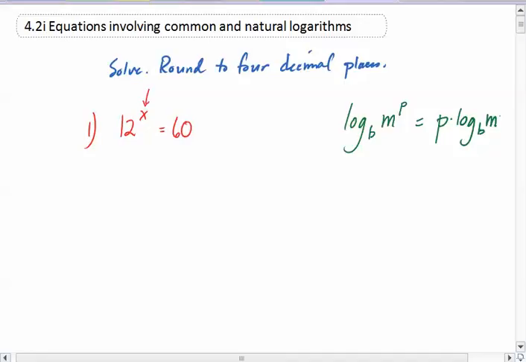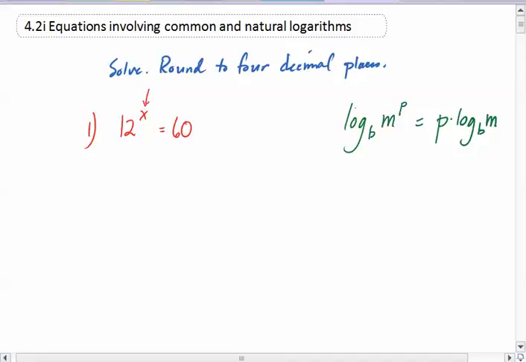That's just because logs are exponents, and I'm allowed to take the power that's around the log and multiply it a certain number of times, because that would be adding exponents, and that's what we do when we take something to a power. So let's take a look at how we could use this property.